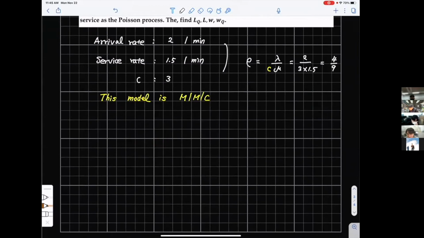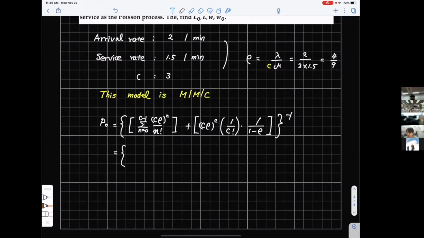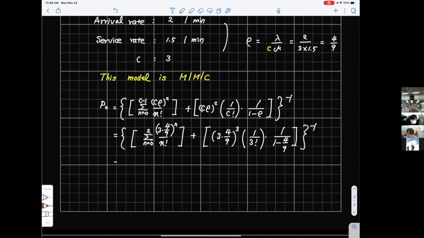First, we need to calculate P0 and P of c. P0 has a very complex form. This is the whole formula, so we need to insert each value. C is 3, so here it is written. I have calculated this formula using Excel, and this becomes 254.